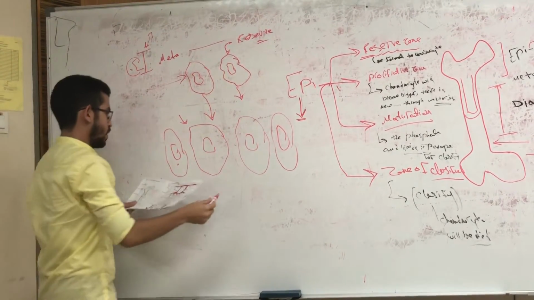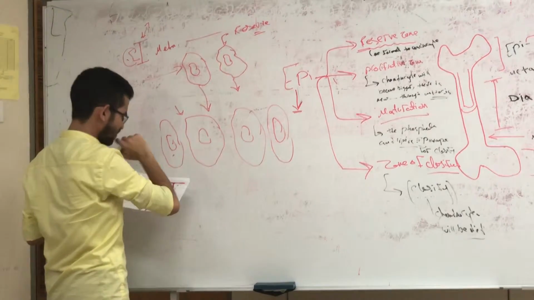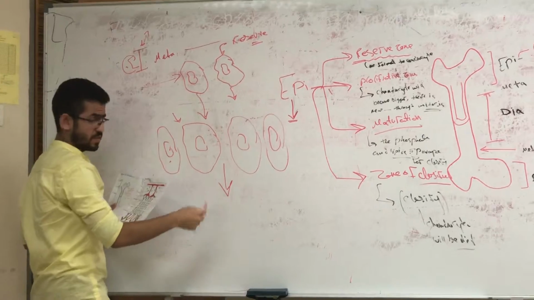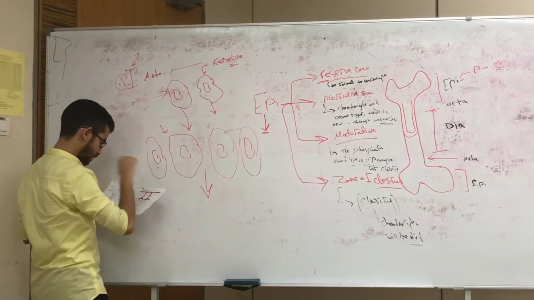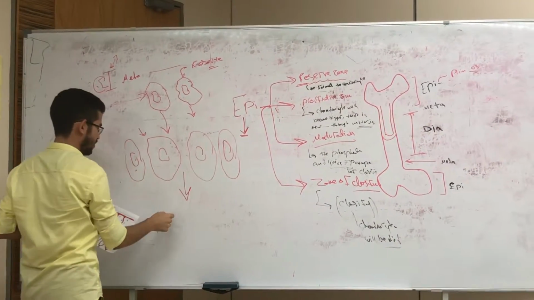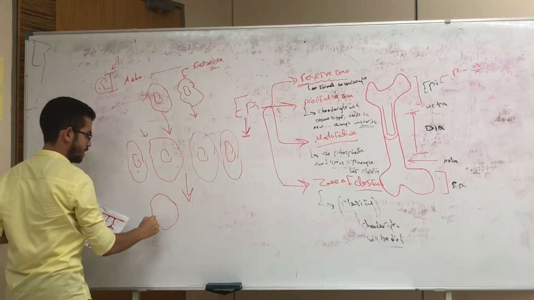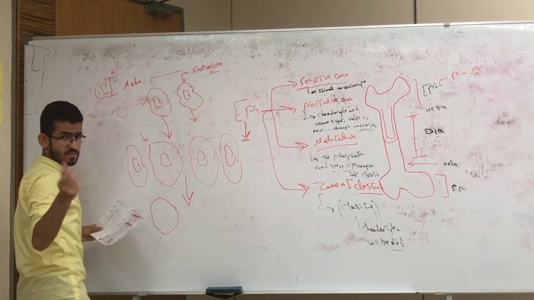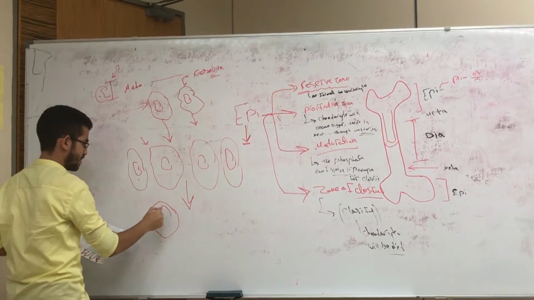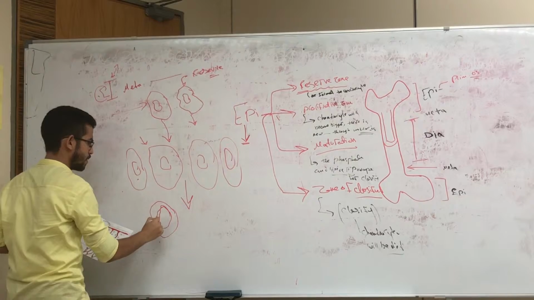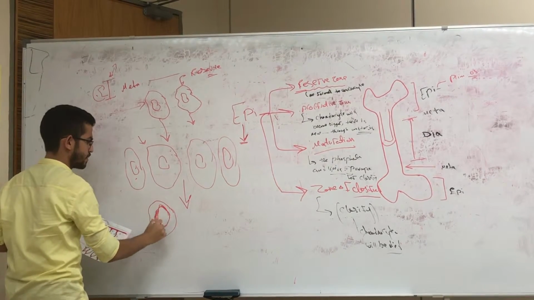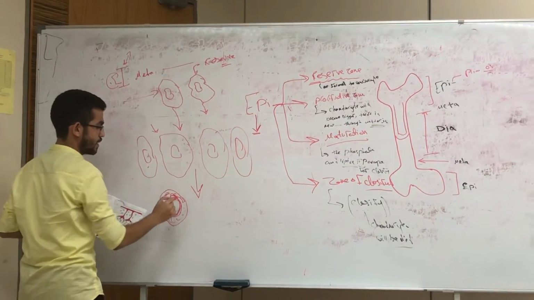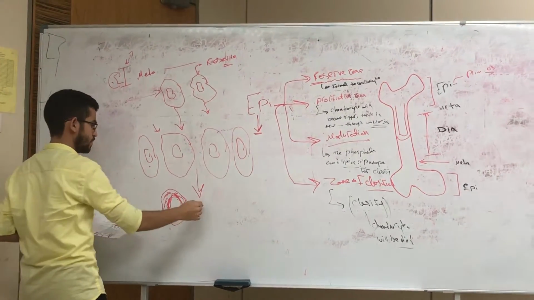Okay, so after growth and mitosis, the cell will enter the third zone, which is our maturation zone, which accumulates substances like phosphate and lipids. So it will harden. Okay, preparing the cell to calcify.